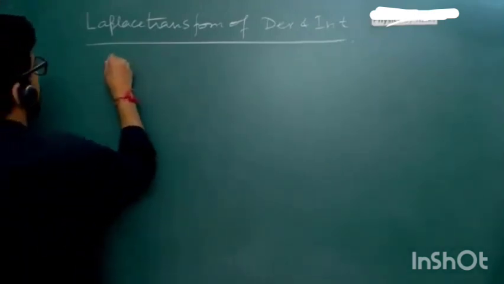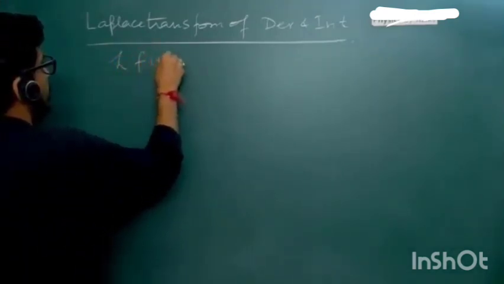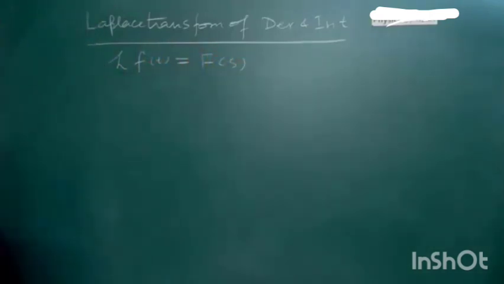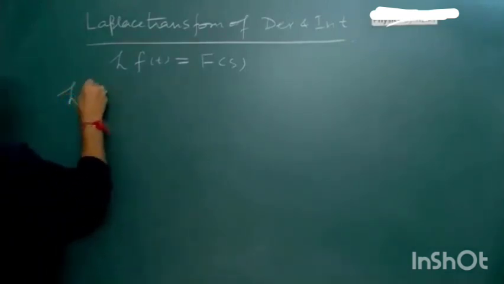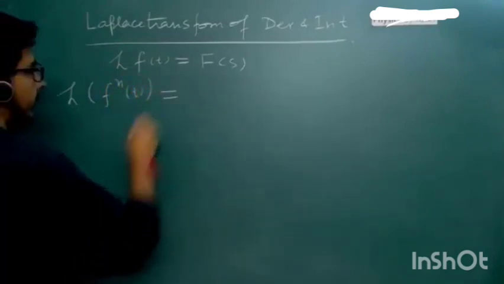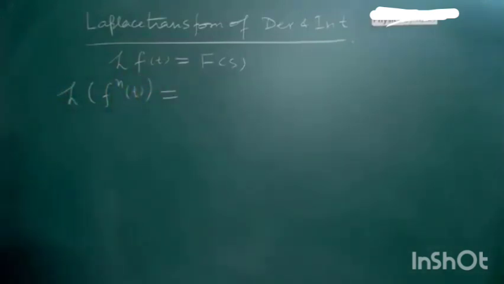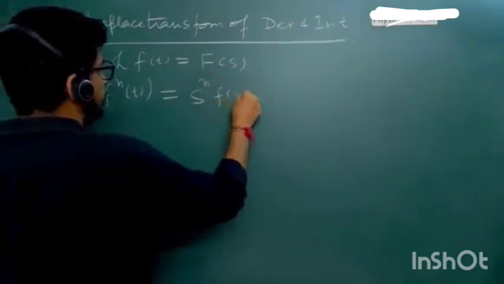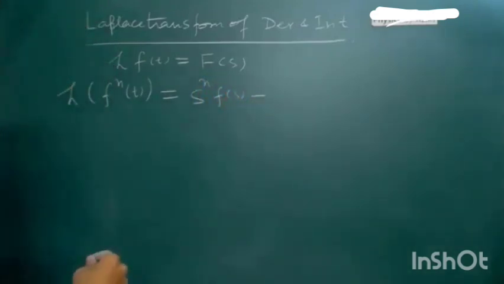So if Laplace of f(t) is F(s), suppose this is the symbol that I am using, then the question is, what is Laplace of the nth derivative of f(t)? This is s to the power n F(s) minus, please see what will happen.